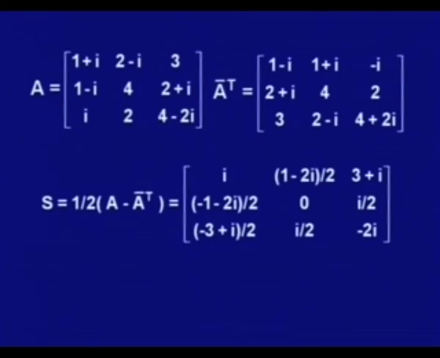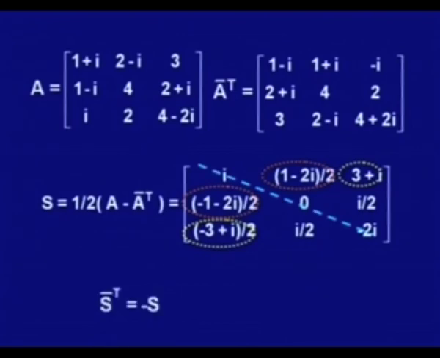So, it is I here, 2 minus I minus 1 plus I by 2 is this element 3, and this minus I becomes plus I. So, 3 plus I by 2. So, that is how we calculate this matrix S, and this is the diagonal element. Here we can notice that S bar transpose is equal to minus S, and S is a skew Hermitian matrix on this basis.